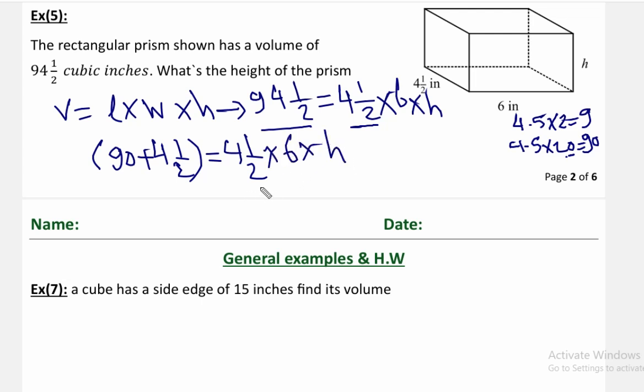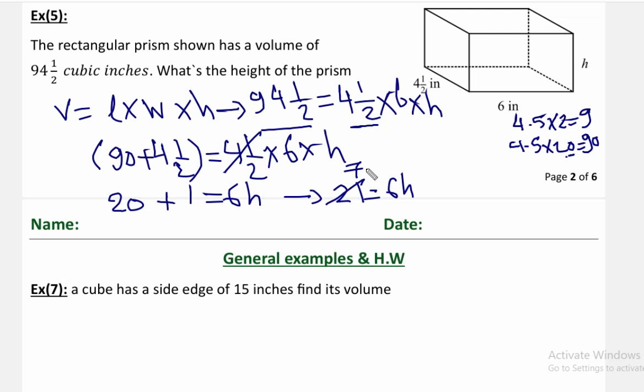Divide the whole equation by 4.5. 90 divided by 4.5 is 20. Plus 4.5 divided by 4.5 is 1, equals 6h. Then 21 equals 6h. Both 6 and 21 are multiples of 3, then divided by 3 we have 7, and divided by 3 we have 2. Then h equals 7 over 2, which equals 3.5 inch.